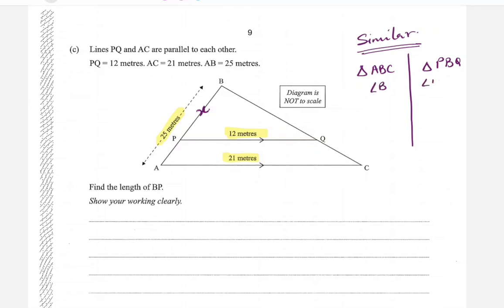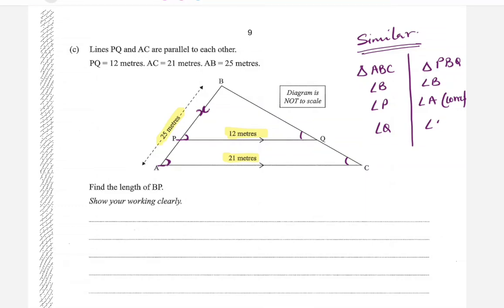Angle B is common in both, right? Angle P is equal to angle A because they are corresponding angles. In parallel lines, these angles are equal because they are parallel lines. So angle P is equal to angle A because they are corresponding, right? Similarly, Q and C are also equal. So all their angles are equal, so they are similar.